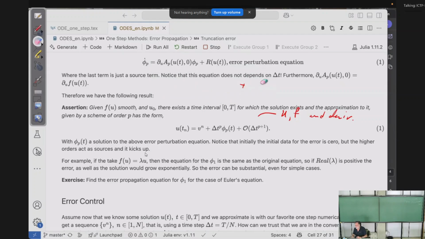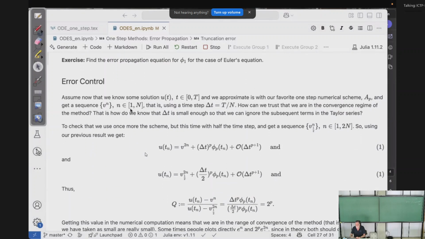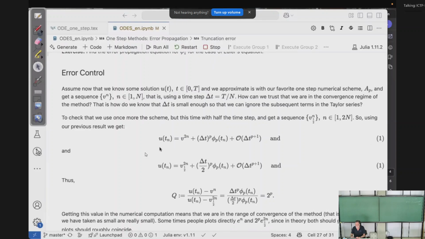What we want, as you said, is to be in the regime where this thing holds, and this thing is small. So how do you do that? This is the next step. What you do is the following.